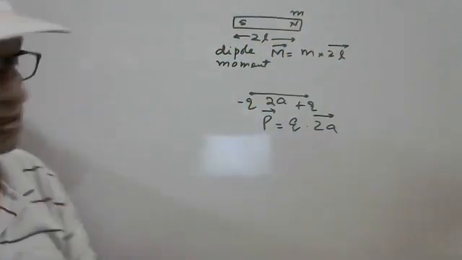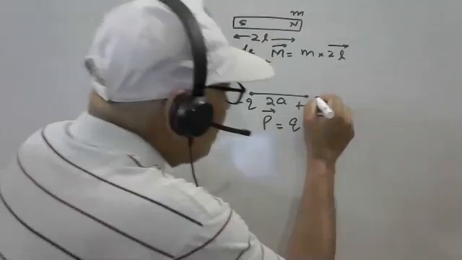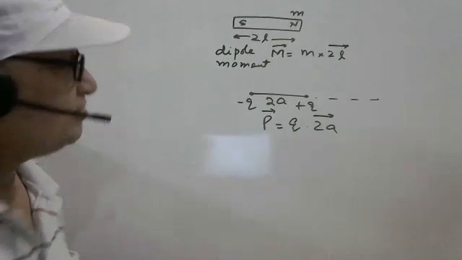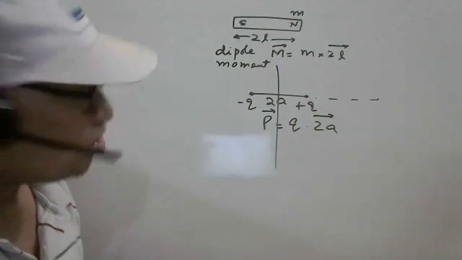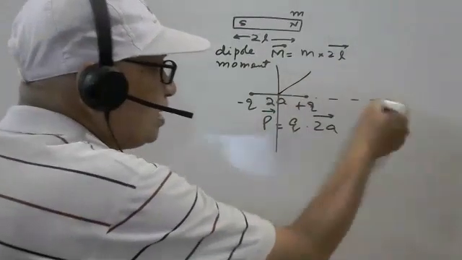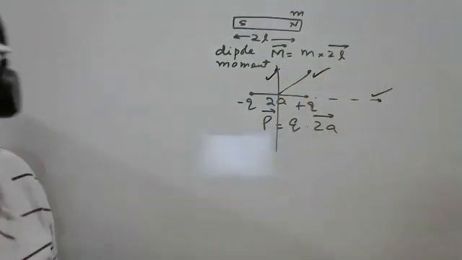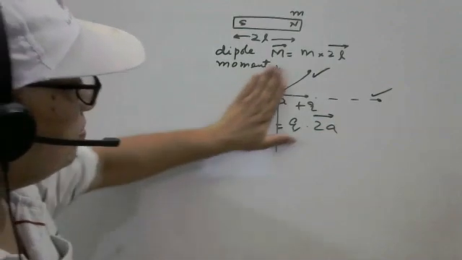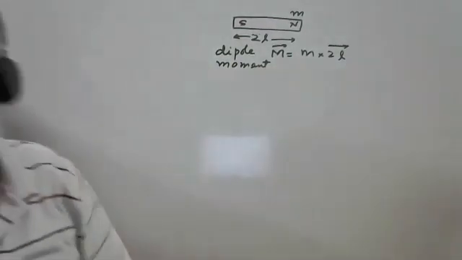In electrostatics, we have already derived the field at this point, which is called the axial position, and this is called the perpendicular bisector or equatorial position, or at any point. So we can find the electric field at the axial position, the equatorial position, at any point. Just like that, in magnetism also we can derive the magnetic field at the axial position, the equatorial position, at any position.